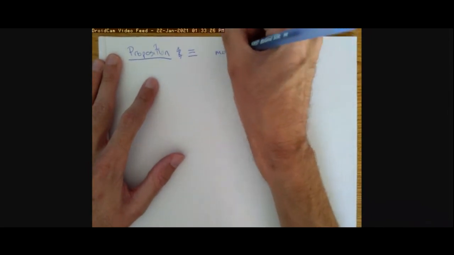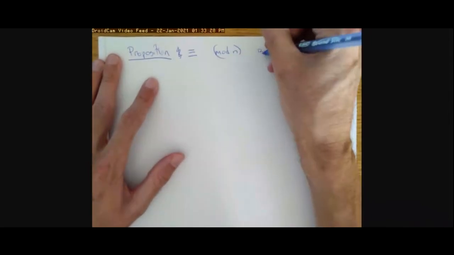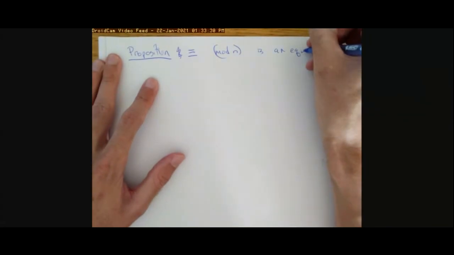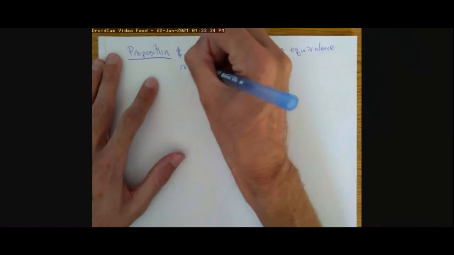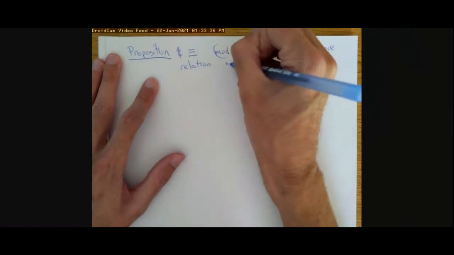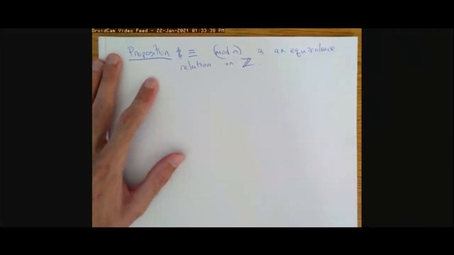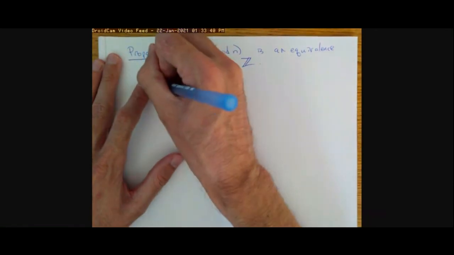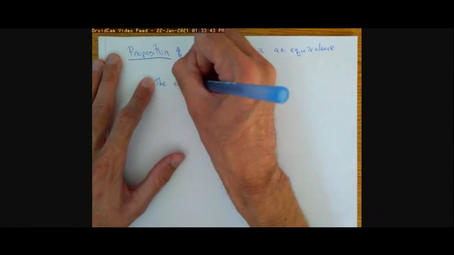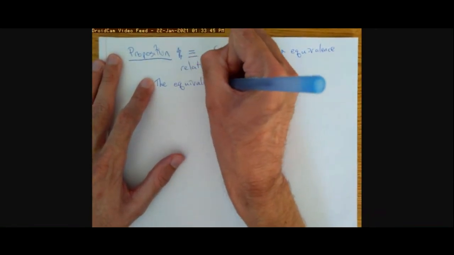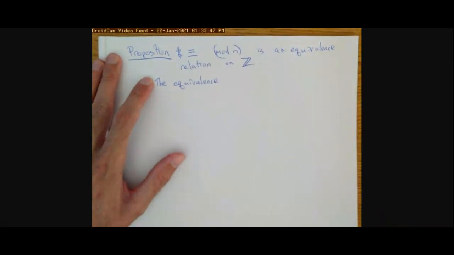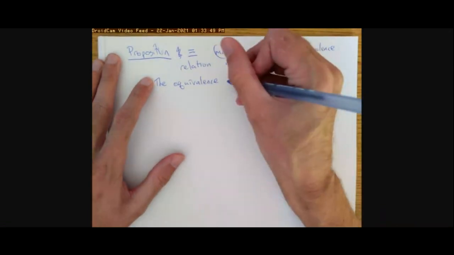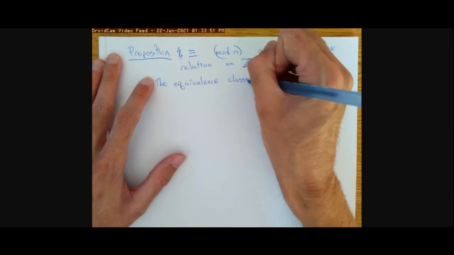Instead of equivalence classes, we'll call them congruence classes mod n.